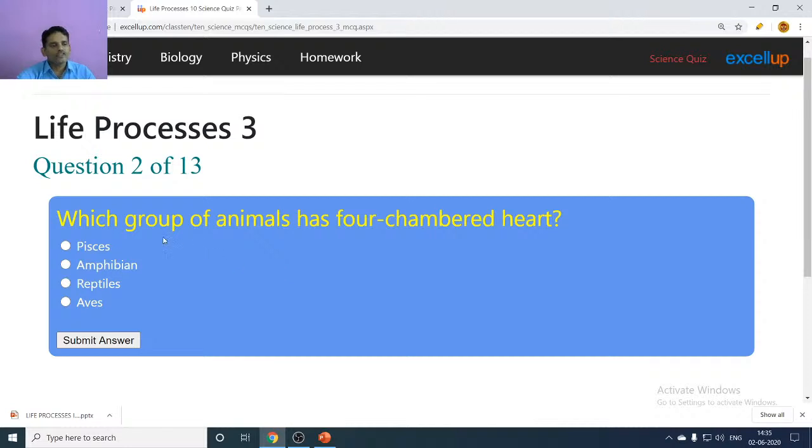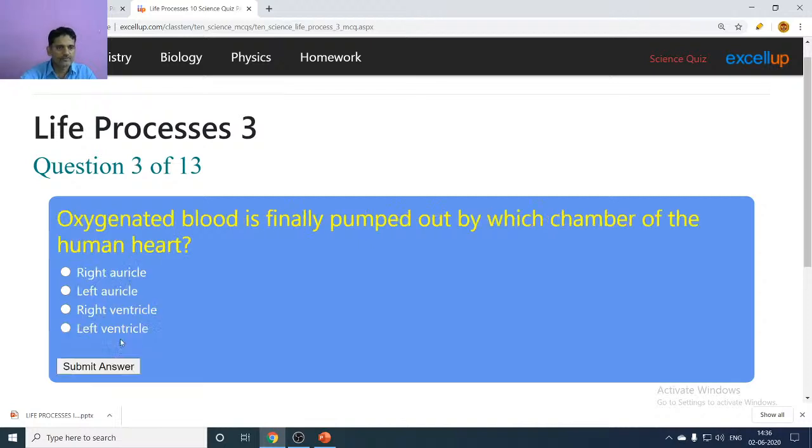Next, which group of animals has 4-chambered heart? Here, this is 2-chambered heart. Amphibians, 3-chambered heart. Reptiles, partly divided 4-chambered heart. But completely divided 4-chambered heart first arrived in aves or birds.